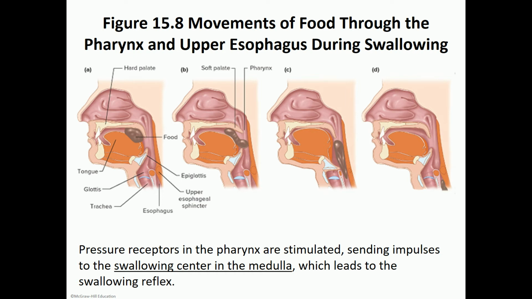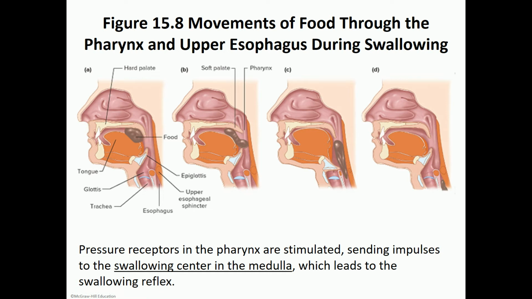Now for the swallowing reflex. So we start off after chewing the food. The first part of swallowing, at least, is voluntary, which is the movement of the tongue backwards to push that bolus towards the oropharynx. So this right here is the oropharynx, which is all the way in the back of the oral cavity.